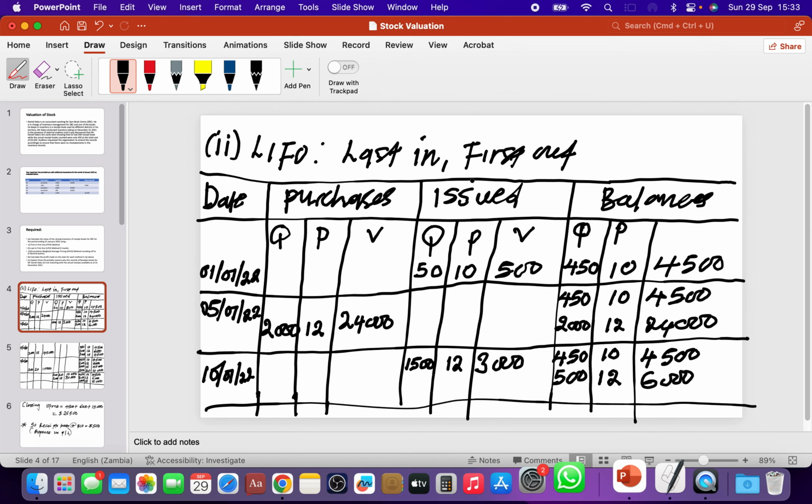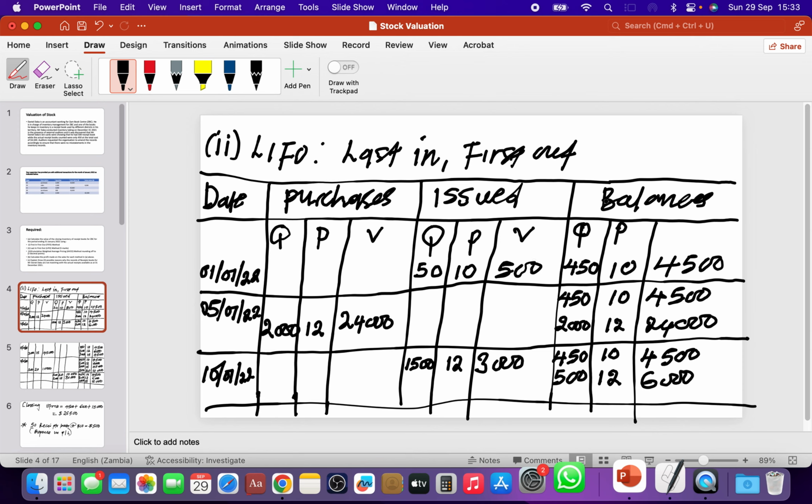The third section is for sales, what you issue out. Similar to purchases, you need to show the quantity issued out, what price each unit is valued at, and the total value.